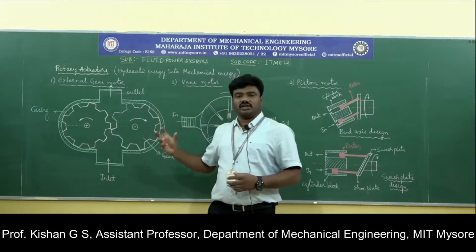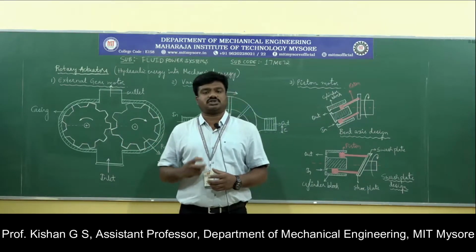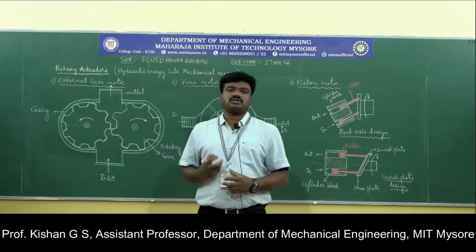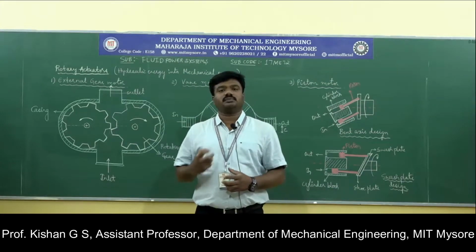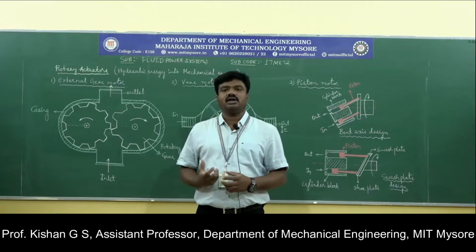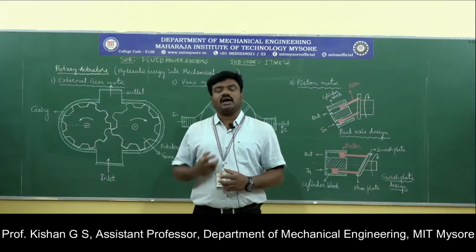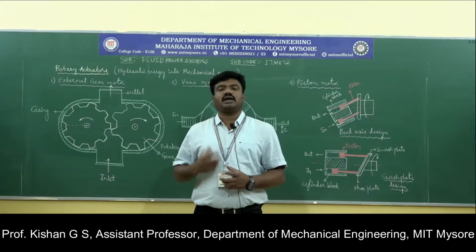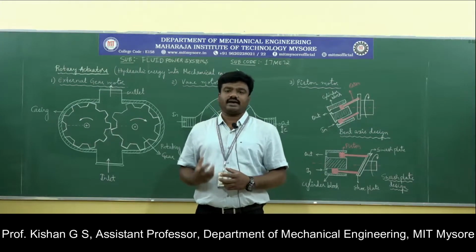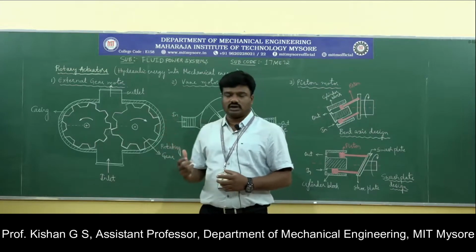The rotation of these two wheels is connected to an external shaft from which the torque is derived for any practical purpose or useful work. Ultimately, the rotation of the wheels yields torque, which is used for useful work in the external gear type of motor.